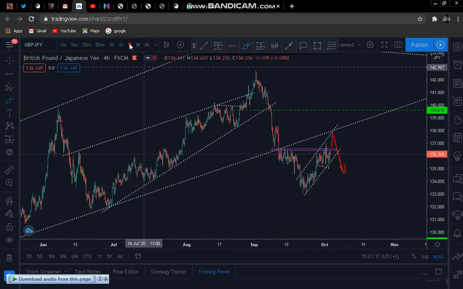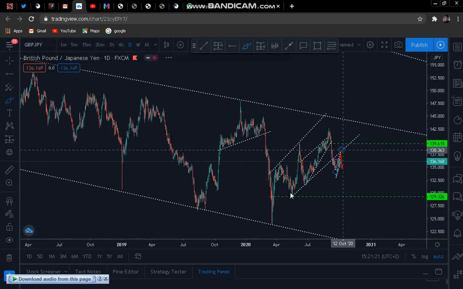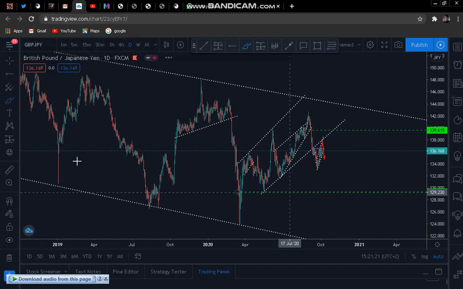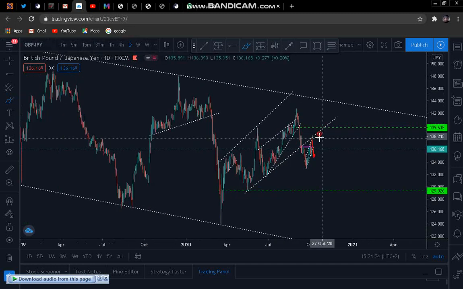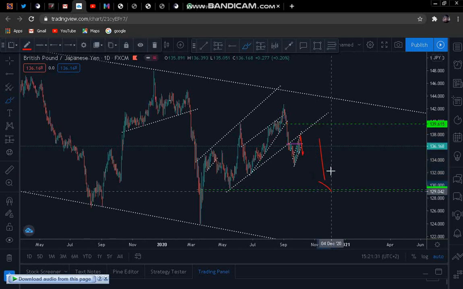And again, as I have been saying, if we take this trade, this is what we are looking at, and this whole area here is our potential that we need to take advantage of. So GBPJPY again, it's a sell.